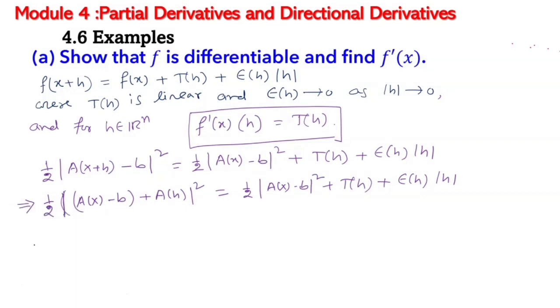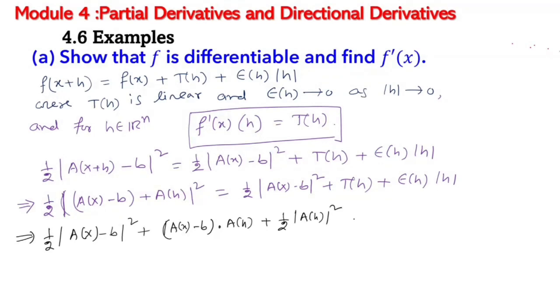So from this we will open the absolute value. This will be half of the absolute value of Ax minus b whole square, plus Ax minus b dot Ah, plus half of Ah whole square.